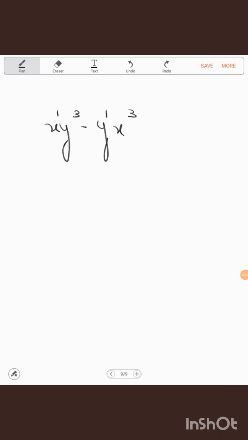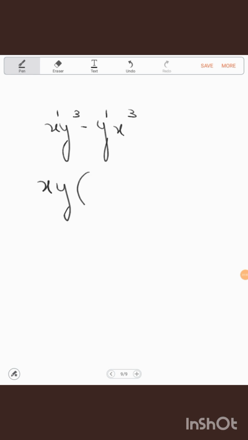So x can be taken only once. Now let's see y. Yes, you have y in both of the terms. And now we are going to see the minimum power of y. So the minimum power of y is 1. So we cannot take y twice or thrice, but we can only take y once, because over here we have y only 1. So y is taken outside.